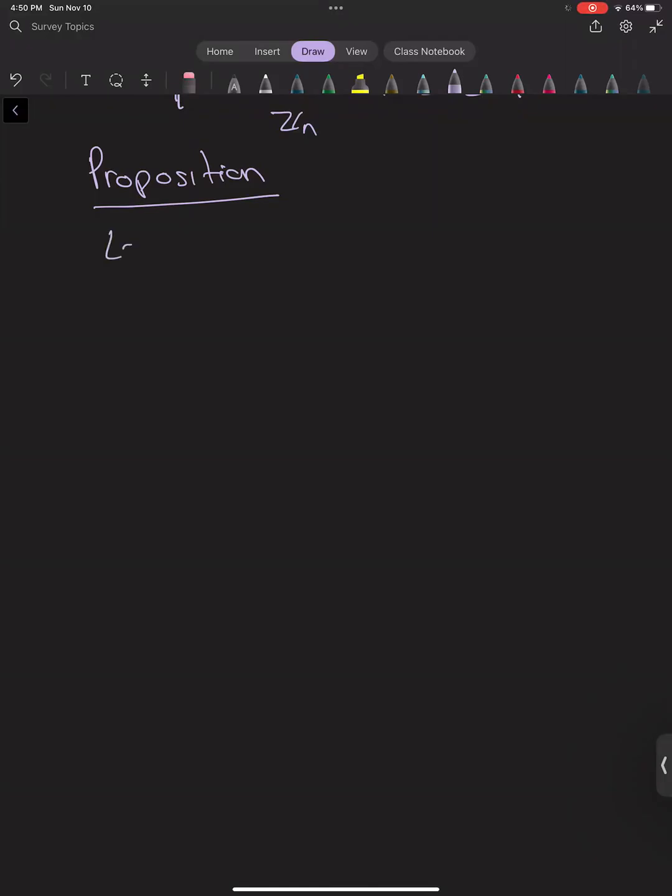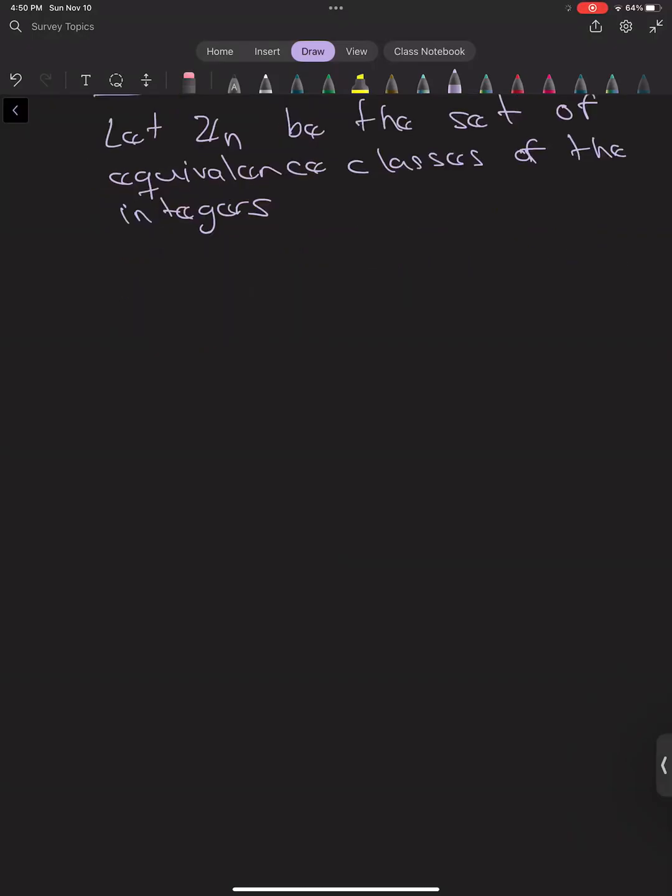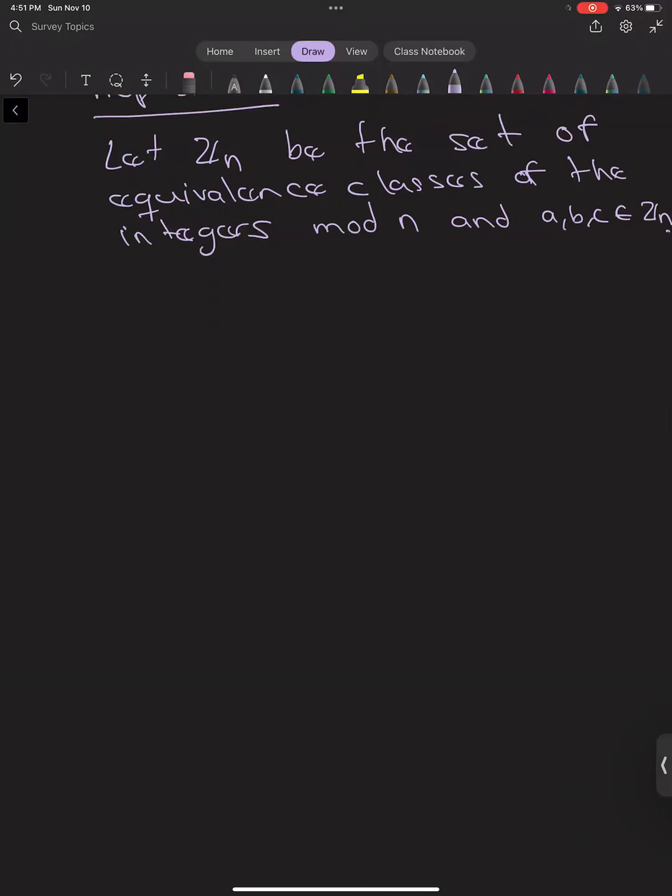Okay, so let Z_n be the set of equivalence classes of the integers mod n, and a, b, c elements of Z_n. Okay. So the following is true.